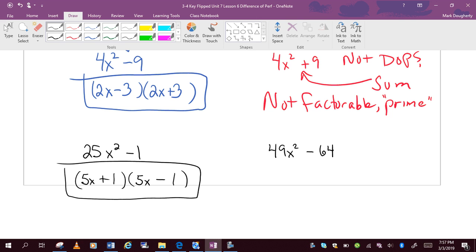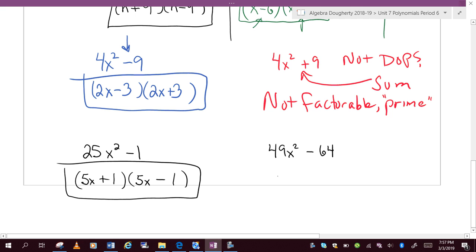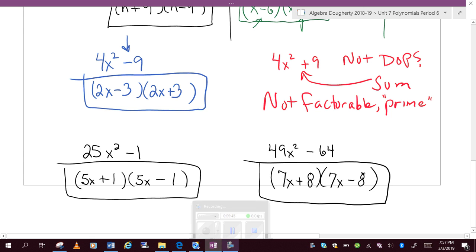The next one we have is 49x squared minus 64. What's the square root of 49x squared? That's going to be 7x. And the square root of 64 is 8. So we have 7x plus 8 and 7x minus 8, the difference of perfect squares.